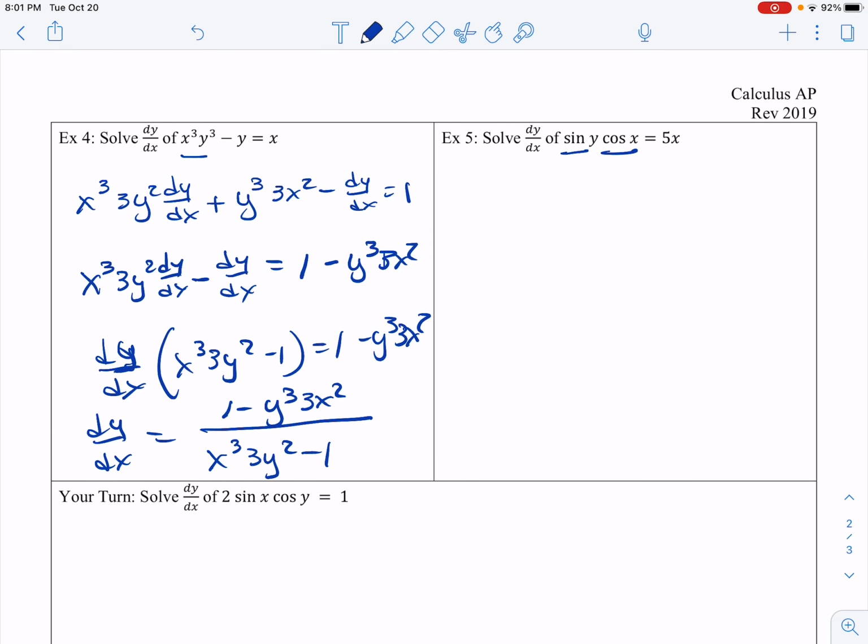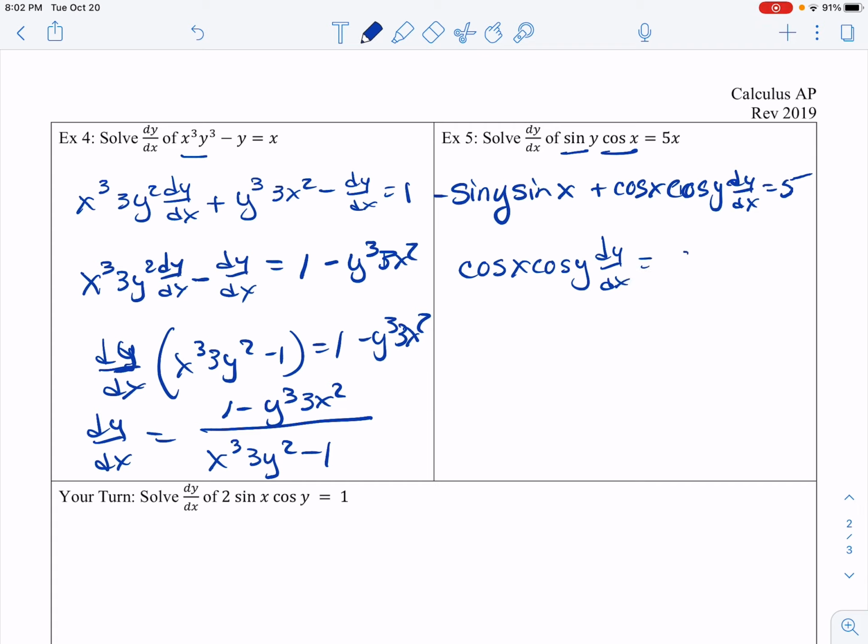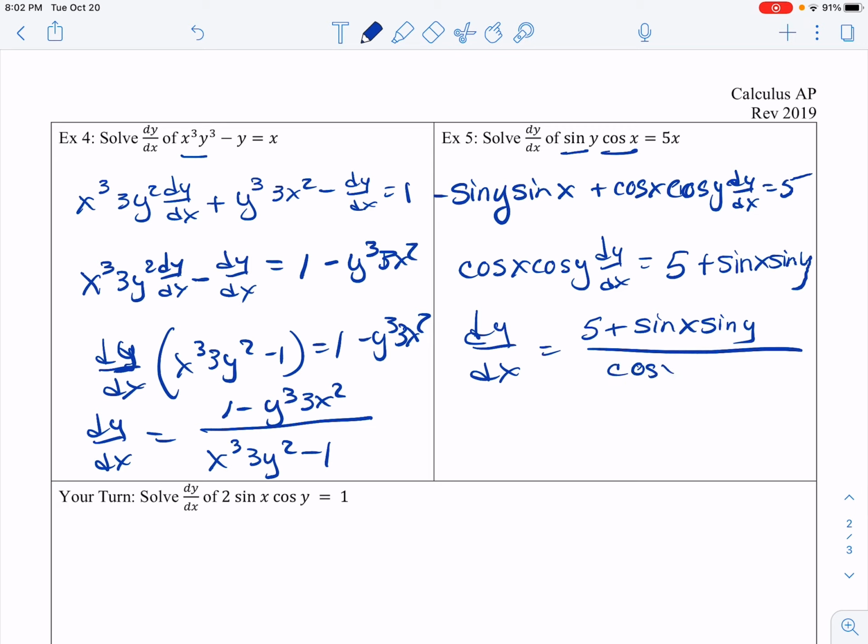Okay, chain rule. First, derivative of the second plus the second, derivative of the first, do your chain rule, take your terms that don't have a dy/dx in them over to the other side, dy/dx equals 5 plus sine x sine y divided by cosine x cosine y.